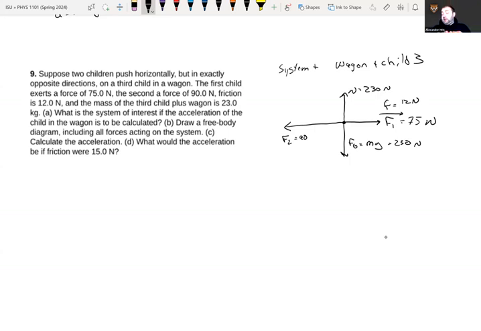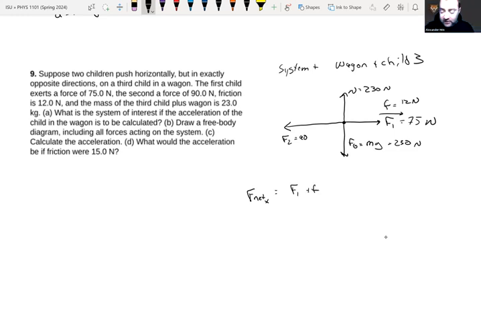The reason it's to the right is that a good rule of thumb for figuring out what friction is going to do is it's going to oppose the direction the net force would be without it. Okay, so that's what happens here. And then when we do our F net, we really only need to do it in the X direction. To the right, we would have F1.